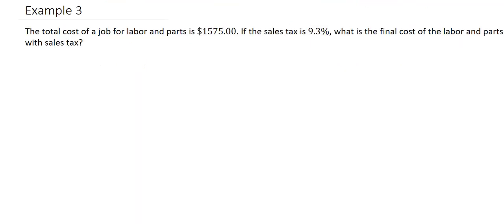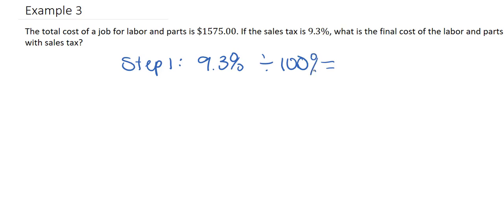The total cost of a job for labor and parts is $1,575. If the sales tax is 9.3%, what's the final cost of the labor and parts with the sales tax? So, step 1. Divide by 100 on the sales tax, and then we get 0.093.